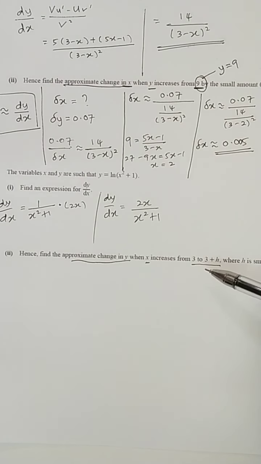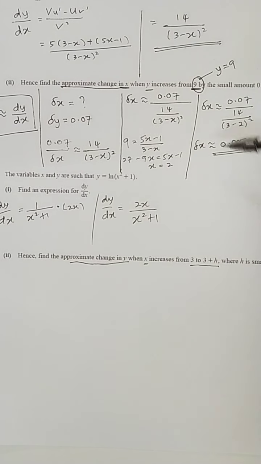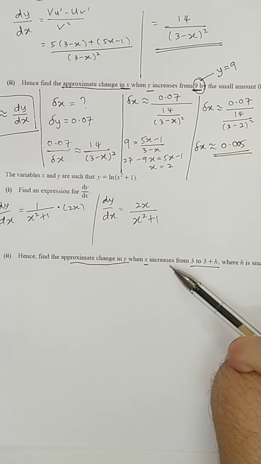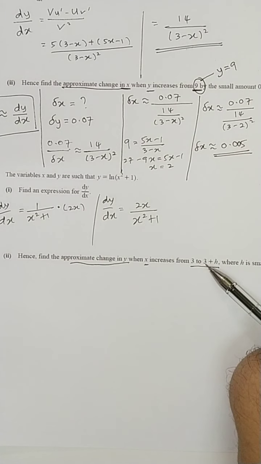In the previous question, y increases from 9 by the small amount 0.07, so 0.07 is the change that happens in y. But for this case, x increases from 3 to 3 plus h.